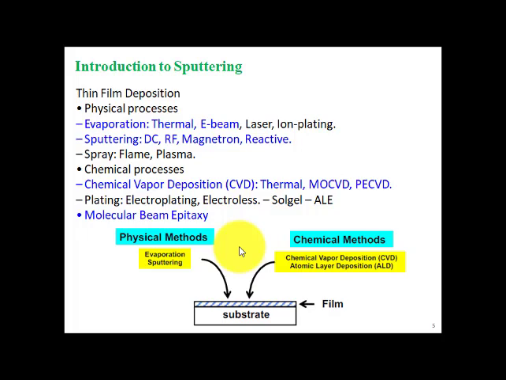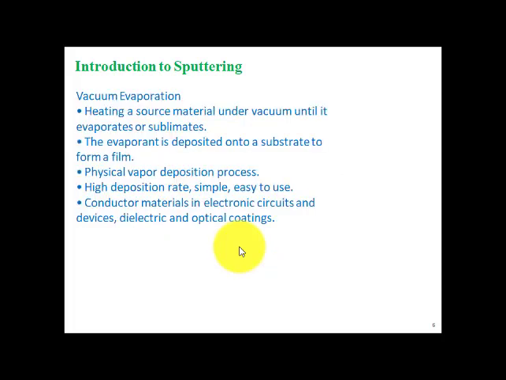If we simply talk about physical processes, then evaporation is the simplest physical process for the deposition of a thin film. In vacuum evaporation, we heat a source material which is placed under vacuum. We heat the source material to such an extent that finally it evaporates or sublimates.